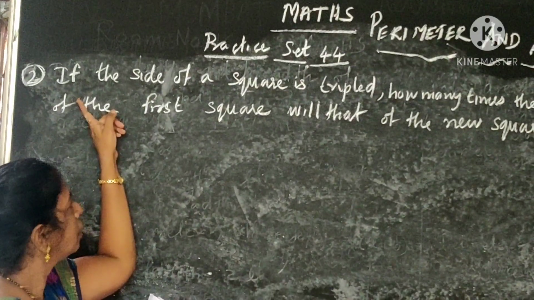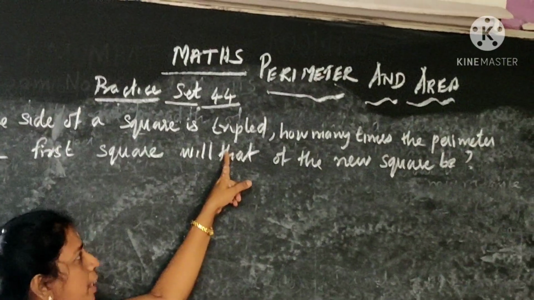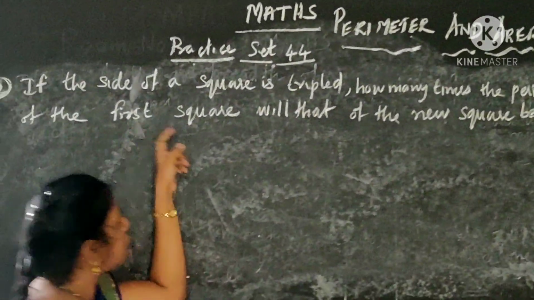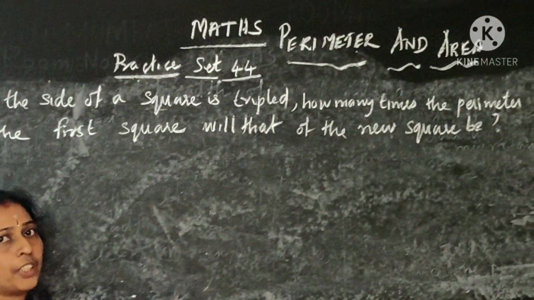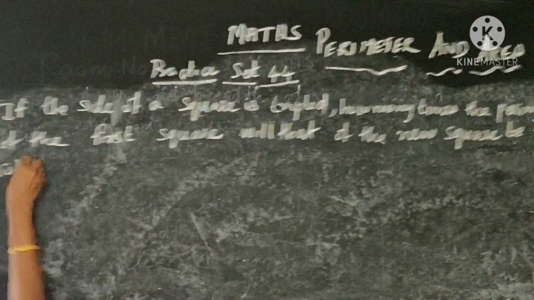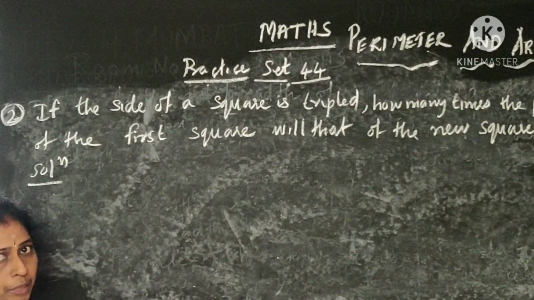Second sum. If the side of a square is tripled, now here the side of a square is tripled, how many times the perimeter of the first square will be that of the new square? So here, first we will find the perimeter of the original square.